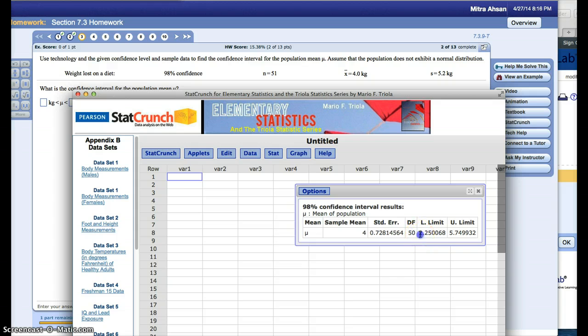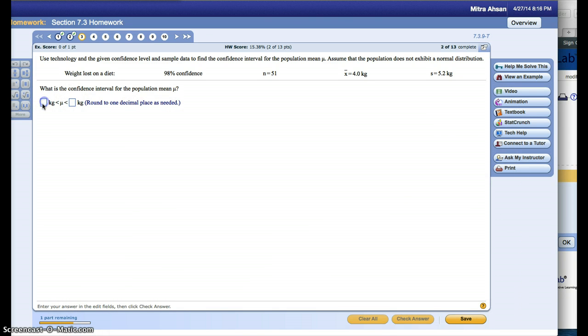Here is my lower limit. Let's copy that, put it in here, paste it, and they wanted to round it to 1 decimal place, so that makes it 2.3.